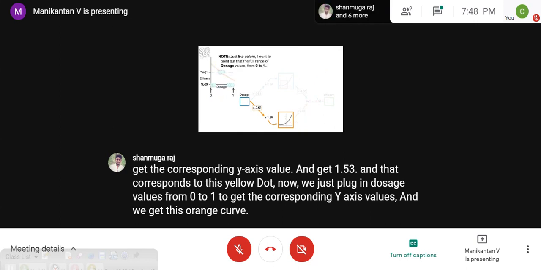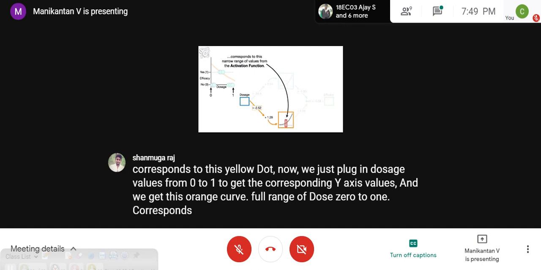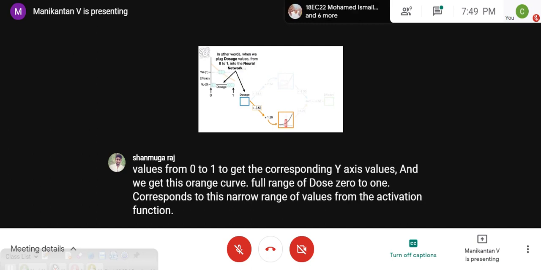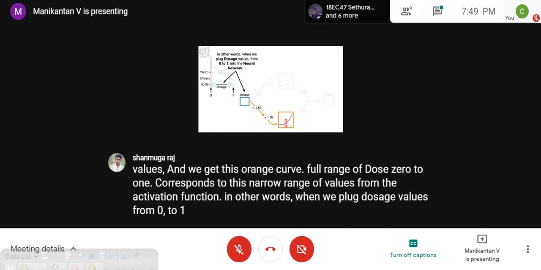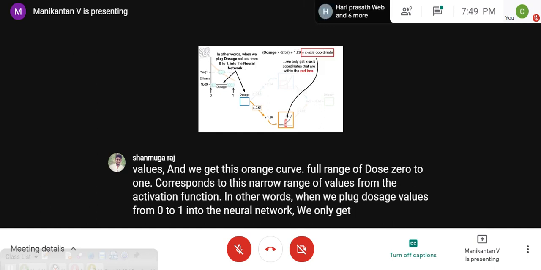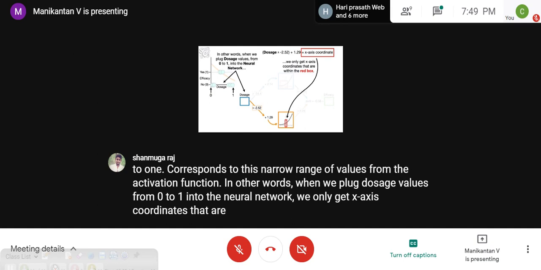Note, just like before, I want to point out that the full range of dosage values from 0 to 1 corresponds to this narrow range of values from the activation function. In other words, when we plug dosage values from 0 to 1 into the neural network, we only get x-axis coordinates that are within the red box.